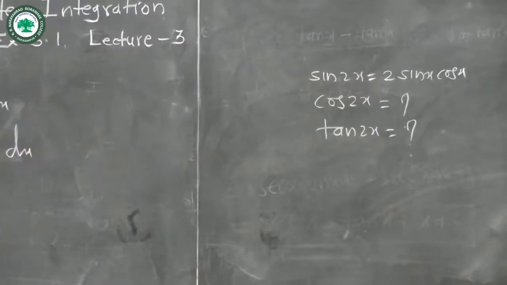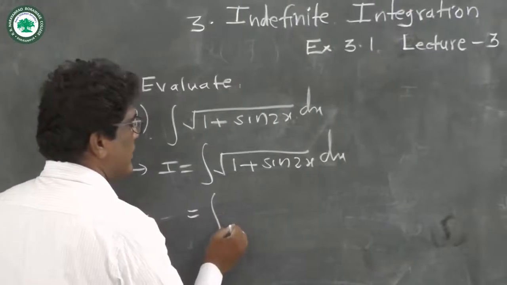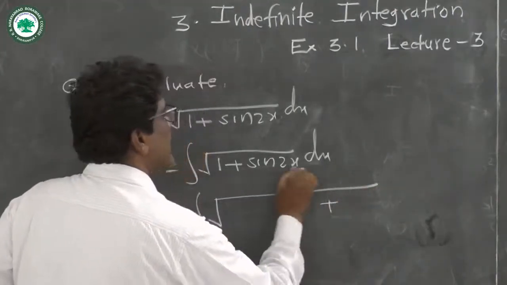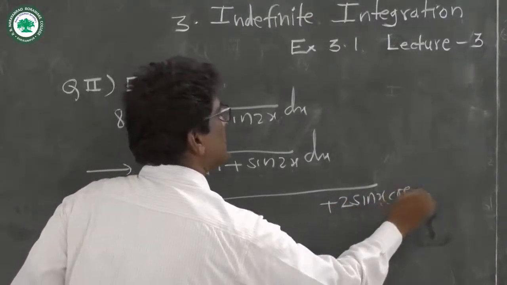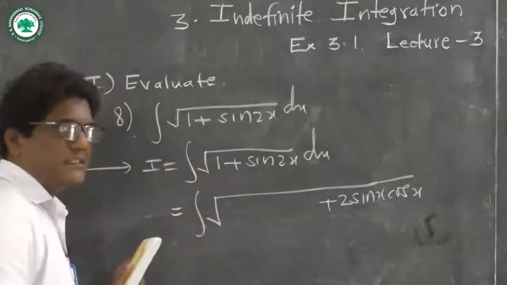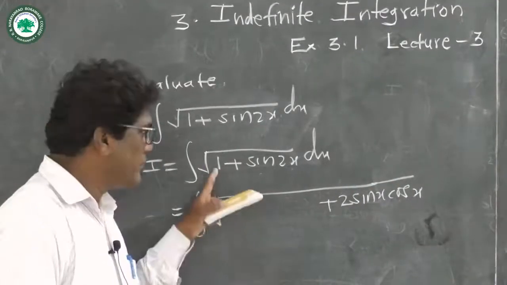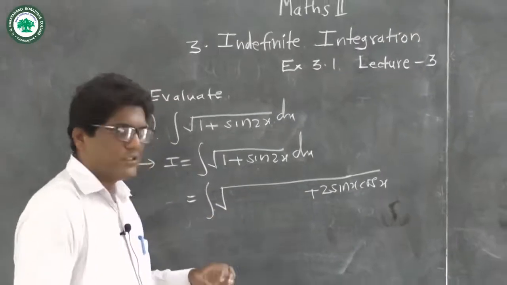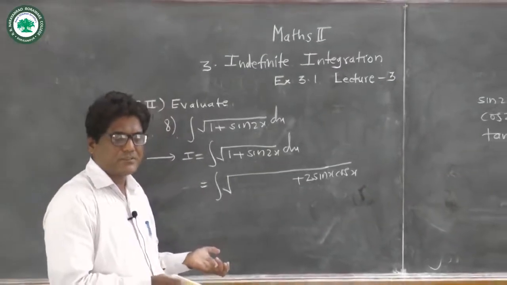Use that formula. I is equal to integration of under root of, here we write sine of 2x as 2 times sine x cos x. But what about 1? We have to put the value of 1, and we put the value of 1 using the first fundamental identity, which includes sine ratio and cos ratio.